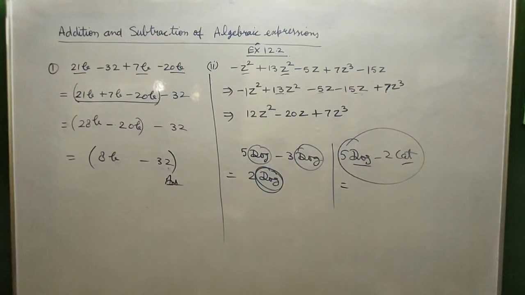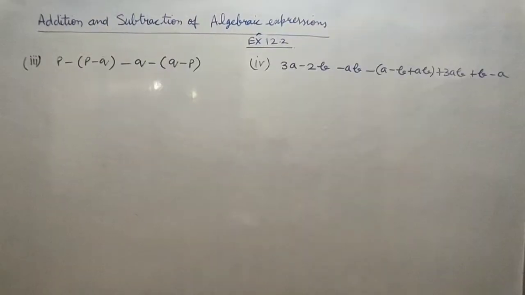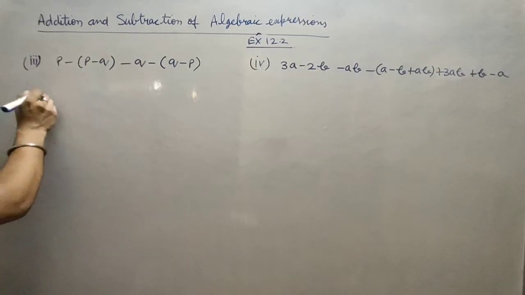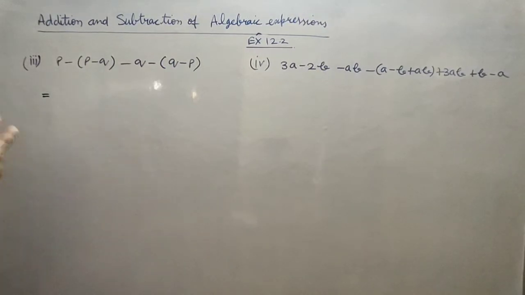So I am taking one more example, third and fourth of this exercise. Kindly see this one. Now in the third part you can see there is a bracket, and in the fourth part also there is a bracket. So whenever you have a bracket, first of all we have to open the bracket so that we can see the terms separately.